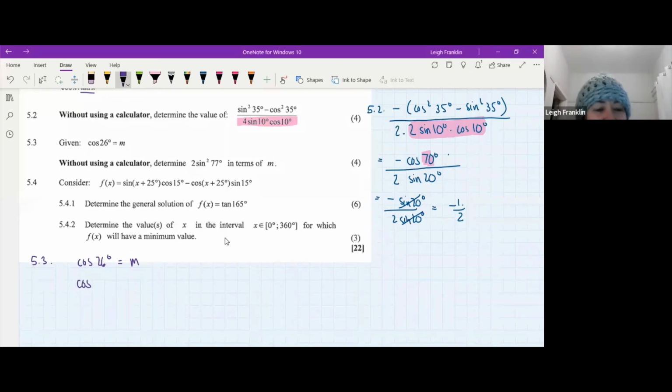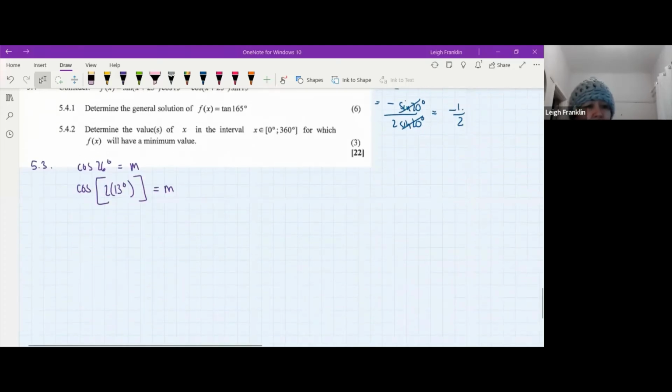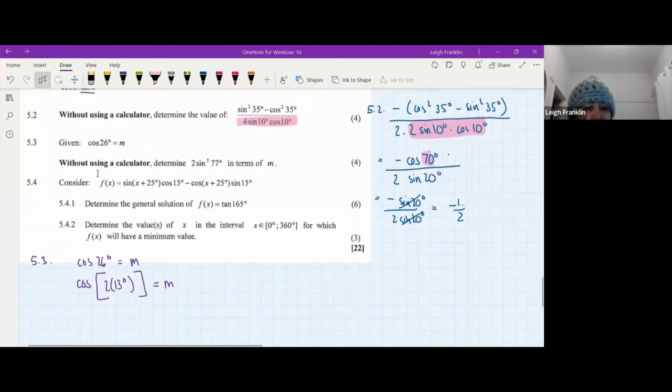26 is 2 times 13, and 13 plus 77 is 90. That's the connection here. Sorry, we're not going to rewrite that as a sine at all. It's going to be the cos of 2 times 13 gives us 26, and that would be equal to m.